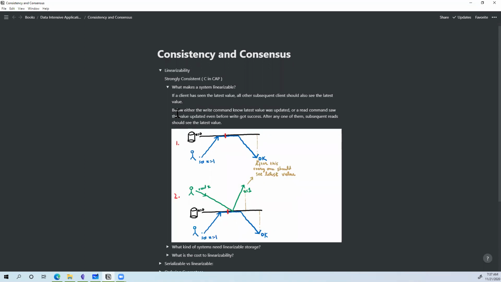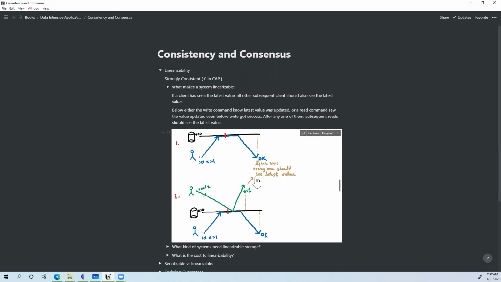Once someone has seen the latest value, everyone following it should also see it. In this way, the entire set of distributed nodes, those replicas, will behave like one system, as if we have only one node, because we get that strongly consistent view of our system.